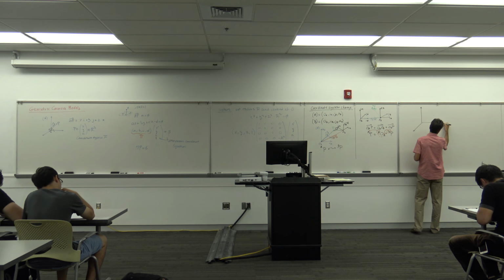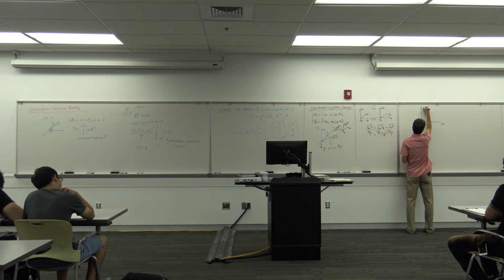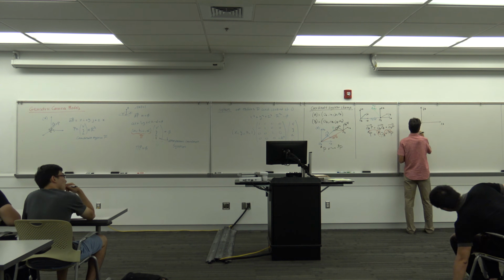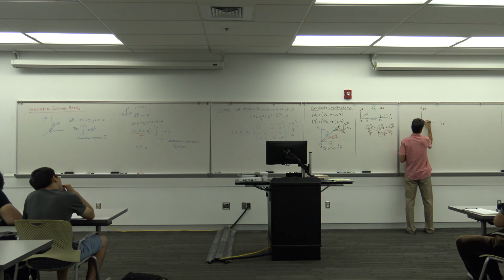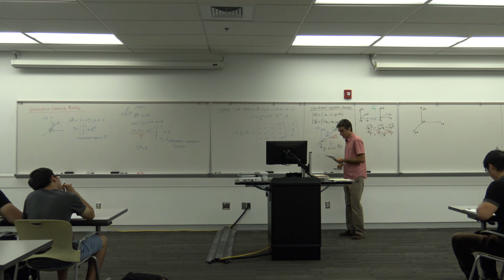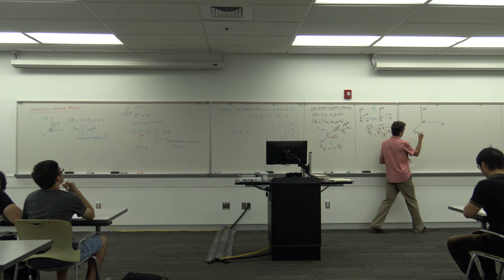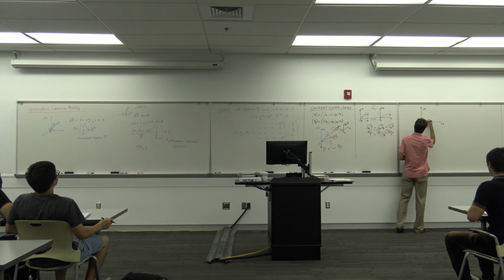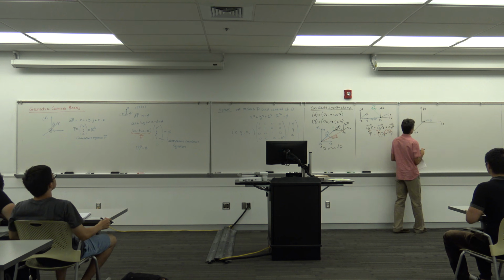So this is going to be IA, JA, KA, and OA. Now let's take B. OB is obviously going to be the same as OA.